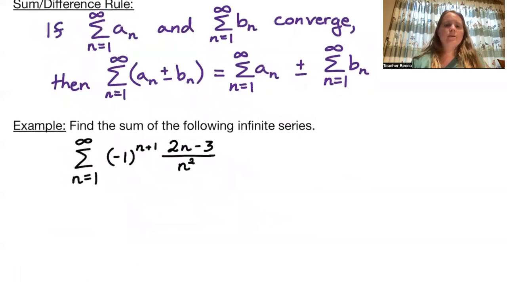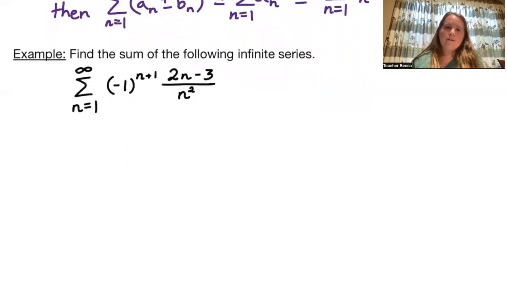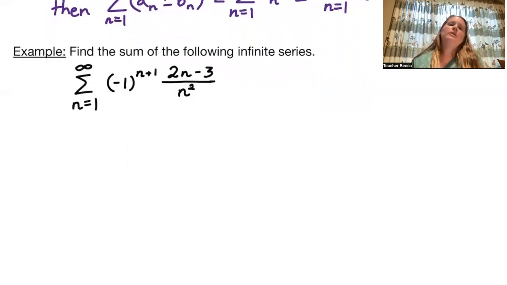So for example, let's find the sum of the following infinite series. So we have an alternating series here. We're taking the sum from n equals 1 to infinity of -1 to the n plus 1 times 2n minus 3 over n squared.